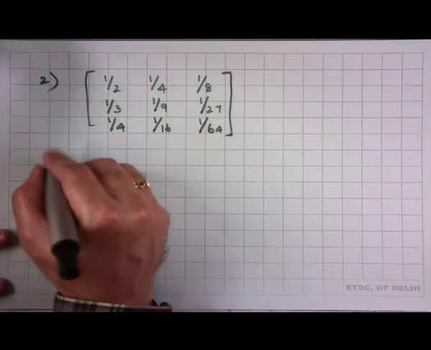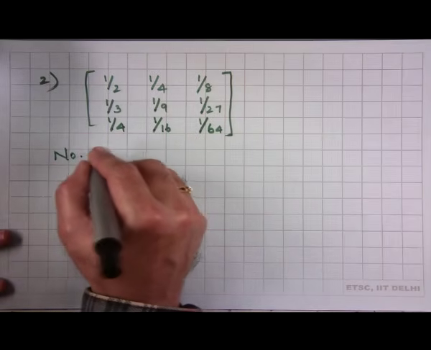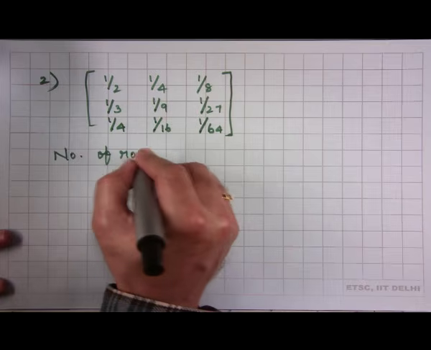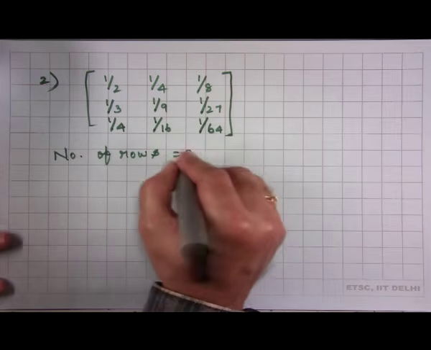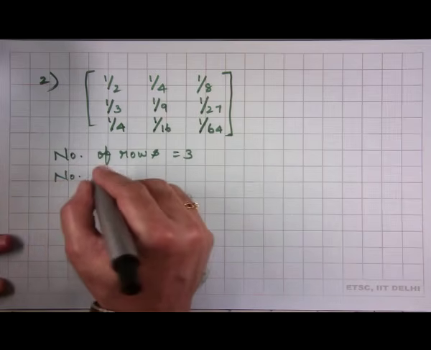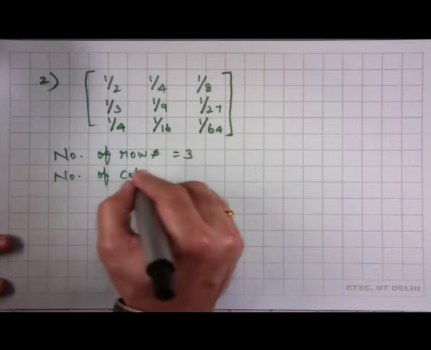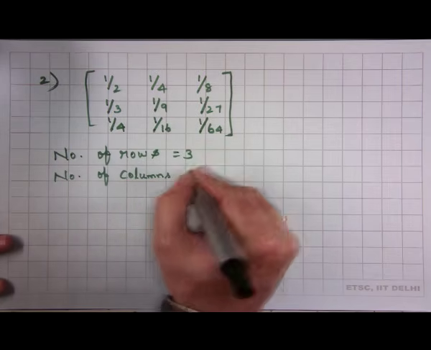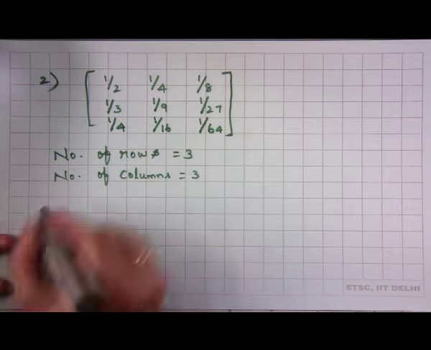The number of rows is equal to 3, and similarly the number of columns is also 3.